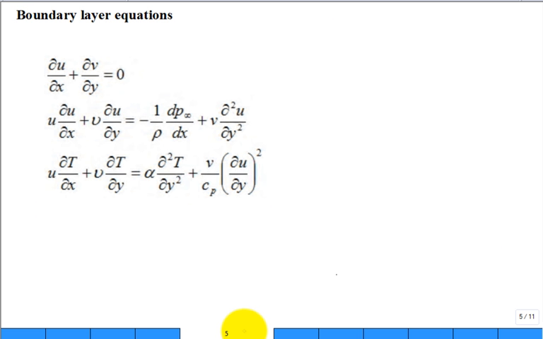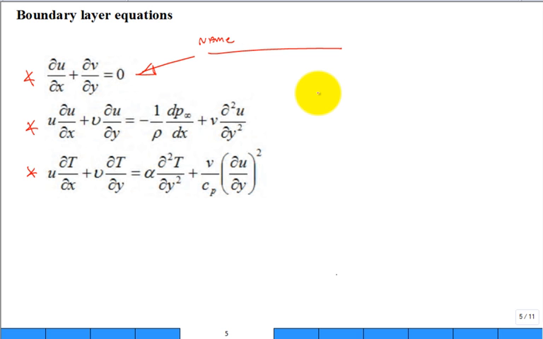Well, we're going to write the boundary layer equations in the laminar part of the boundary layer. And these are the boundary layer equations. Two of them you're very familiar with, aren't you, coming out of fluid mechanics? And so what is this first one? What is its name? Oh, very good.